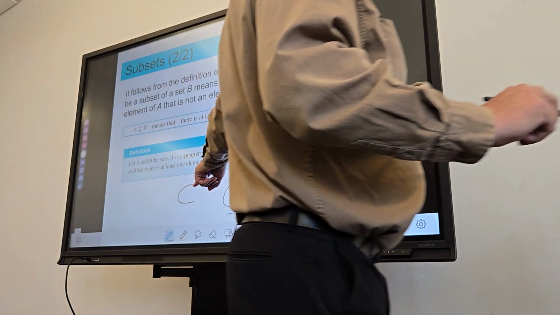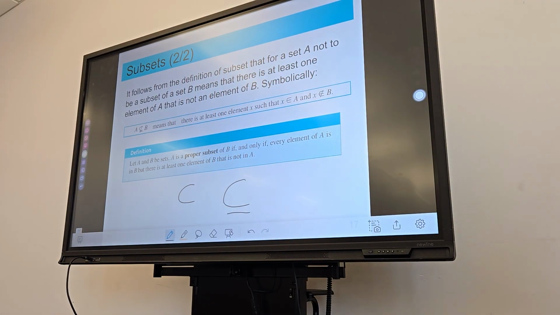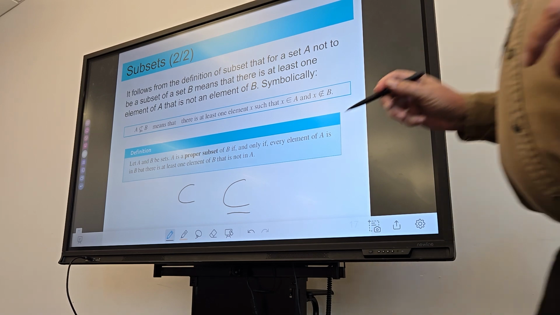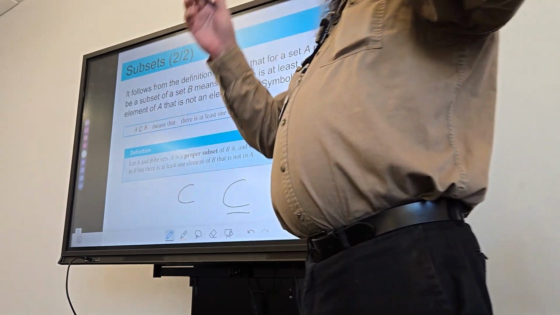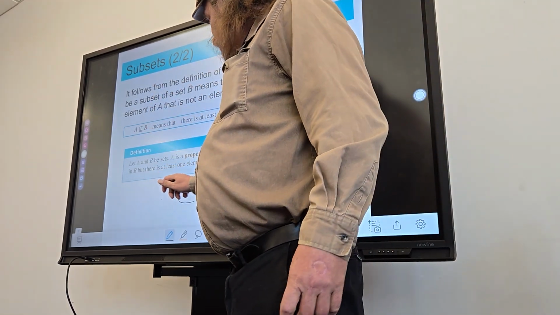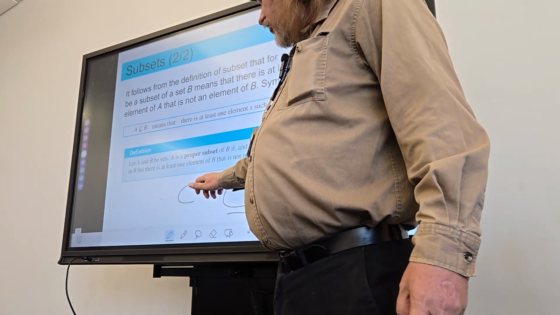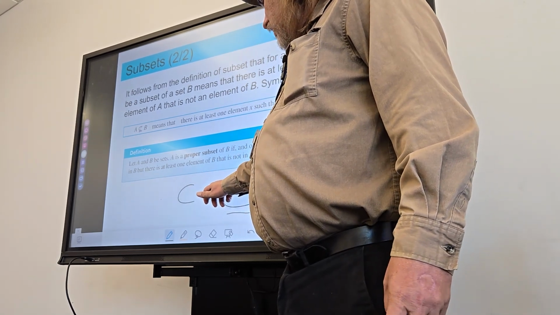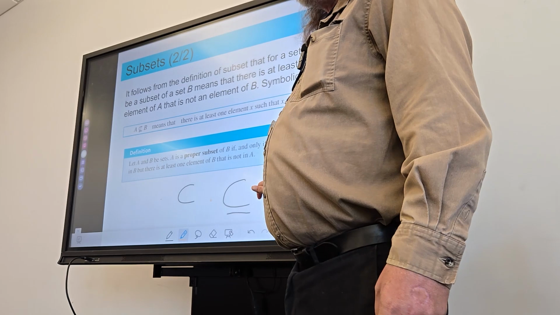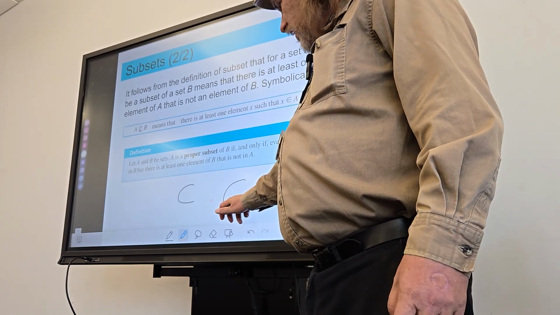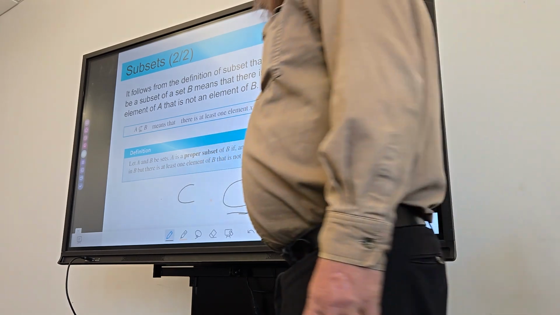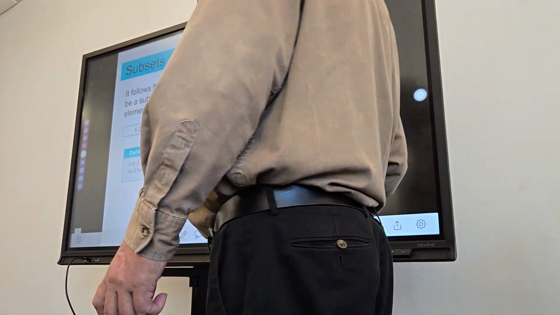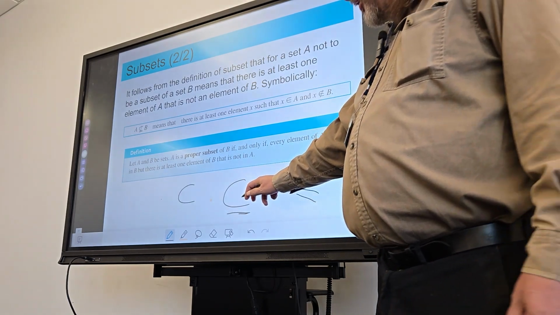The first symbol is for a proper subset. The second symbol is for a regular subset. A proper subset means this set is a proper subset of B, whereas with this one, the first set could be equal to the second set. Hence the line underneath, kind of like less than or equal. This is a subset, proper subset, or equal.